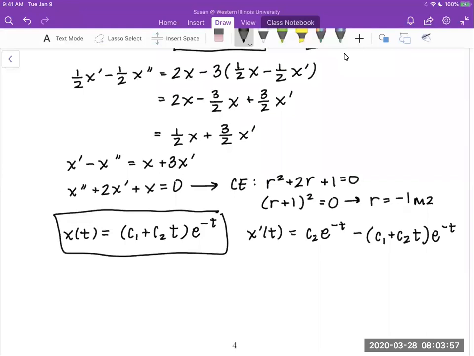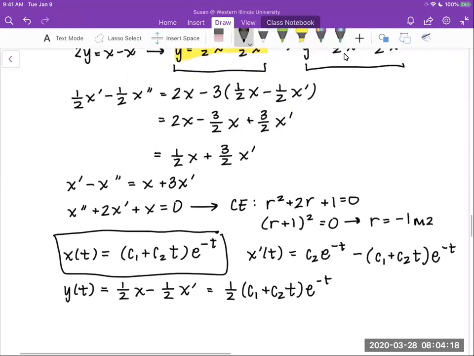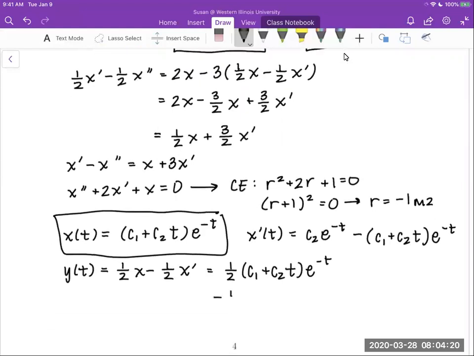And now using that yellow expression, I want 1/2 x minus 1/2 x prime. So that is 1/2 of C1 plus C2 t e to the negative t, and then minus 1/2 C2 e to the negative t.